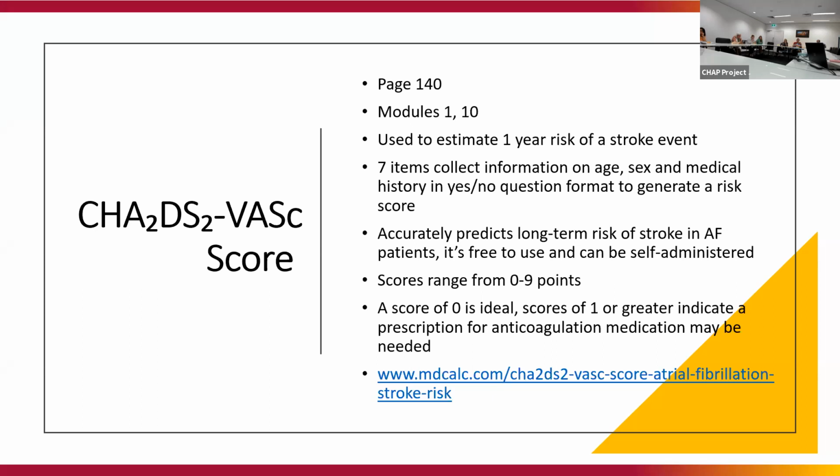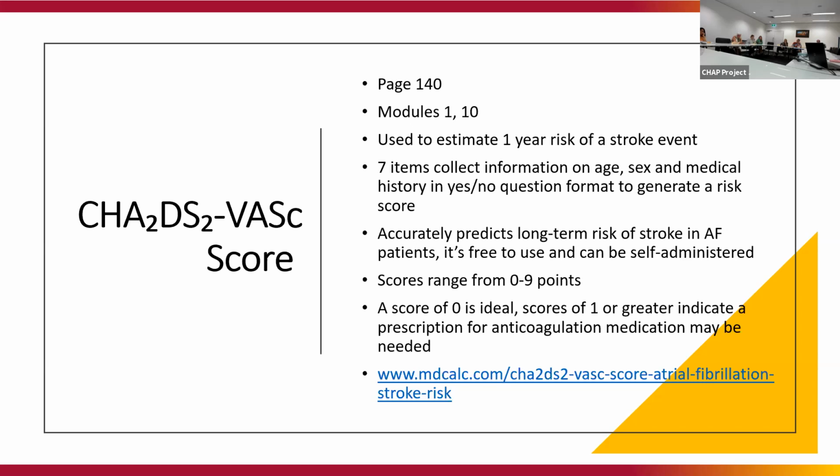So research has indicated that it does accurately predict long-term risk of stroke, and it is free to use, which was very important to us, and it is designed to be self-administered. So it is easy for clients to understand, but also to complete on their own if they're completing it themselves at home. Scores range from 0 to 9 points, and a score of 0 is ideal.